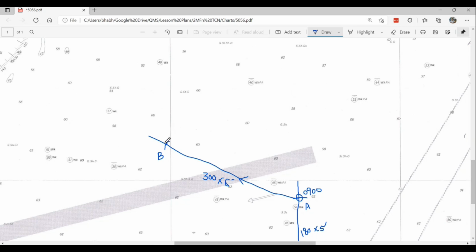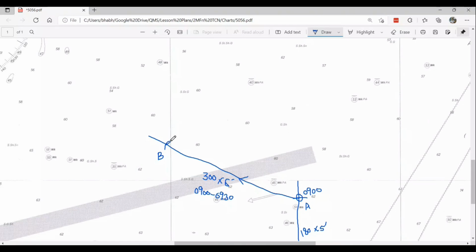What I will do is draw the 10:30 to 1100 hours track starting from point B. This was my 9 to 9:30 track, so let me write the time also here: 9 to 9:30. And now I'm going to draw the 10:30 to 1100 track.